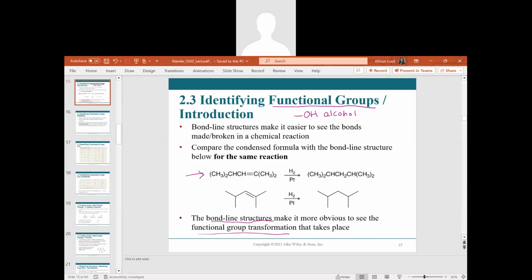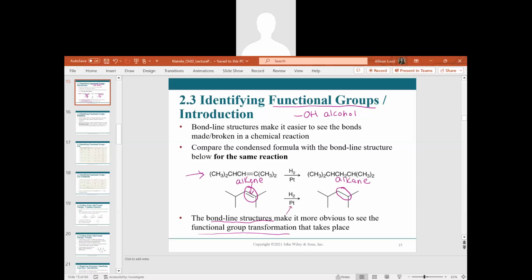We use this term transformation because we go from this double bond, that's a functional group, to the single bond here, which would be a different type of group. It's not really a functional group. It's called just an alkane when we have all single bonds. But this double bond of an alkene would be considered a functional group. So we go from double bond to single bond.